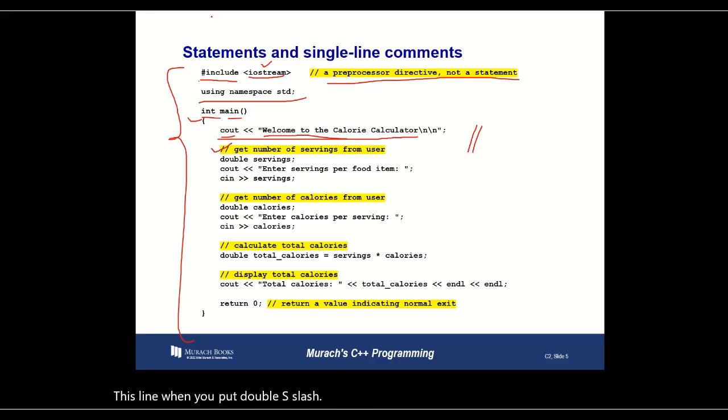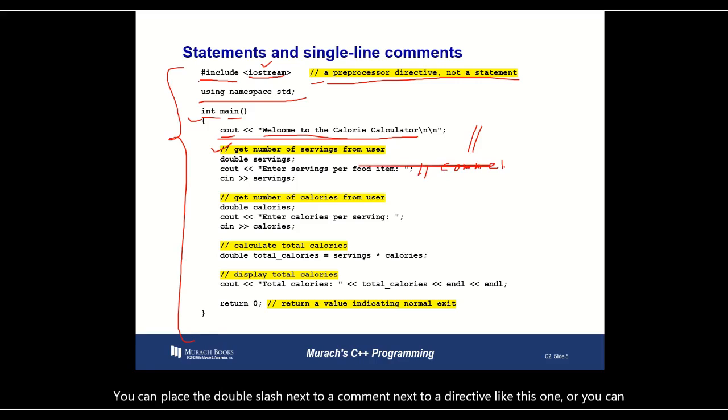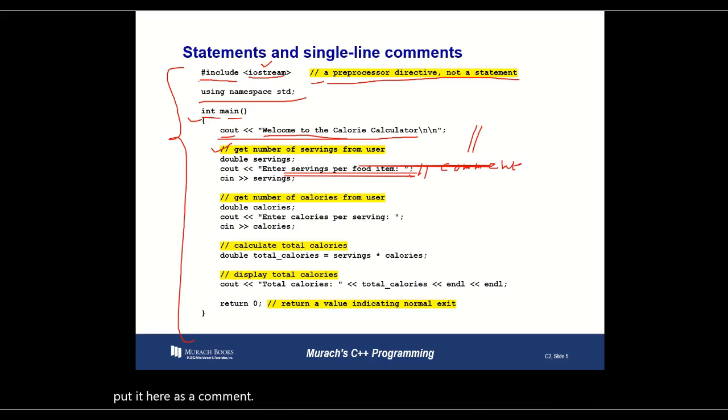You can place the double slash next to a directive like this one, or you can put it here as a comment. After the semicolon, which designates the end of the statement in C++, you put a double slash. That means you are writing a comment, and then you write whatever you want there. Comments are often used to create some kind of documentation inside the code.